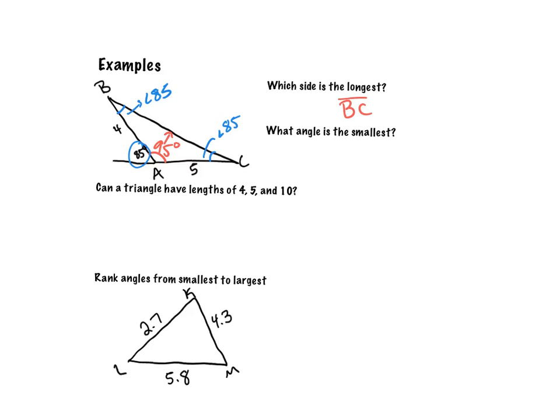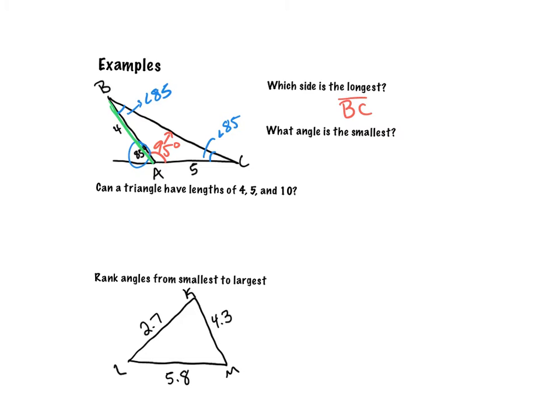So if I want to look at what angle is the smallest, I need to look for where's the smallest side. So where do I have the smallest side? So in this triangle, what's the smallest side? Say it a little louder, Abby. Yeah. BA, right? I know that's the smallest side.